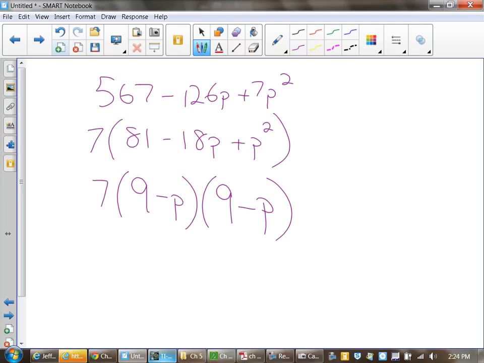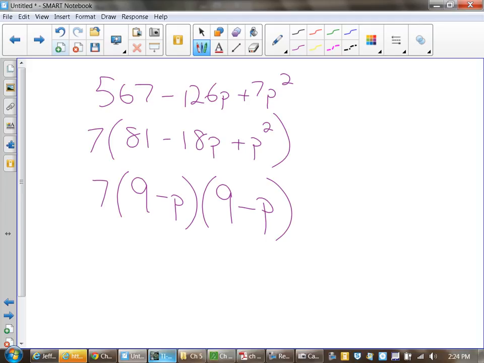Why did I have to keep the 7 as I rewrote? Otherwise, it's not right. What does this problem not have? It doesn't have an equal sign. Whenever it doesn't have the equal sign, if you factor out a GCF, you have to continue to rewrite it because what you're doing is factoring it.